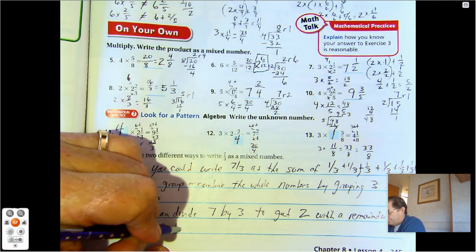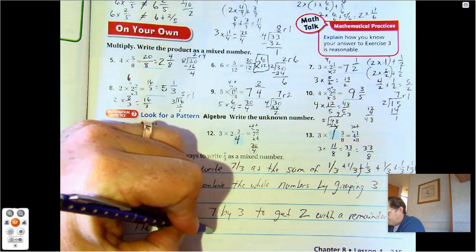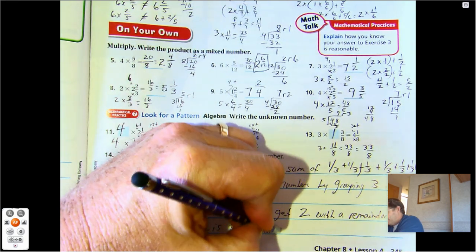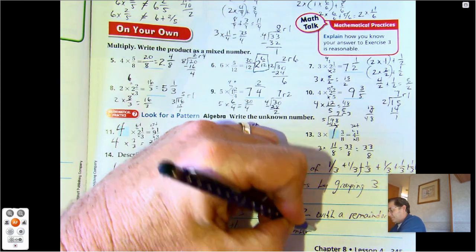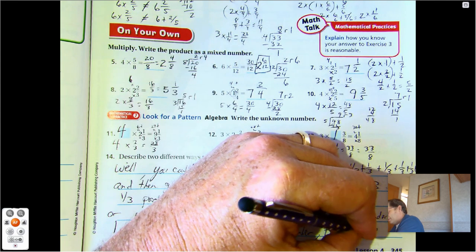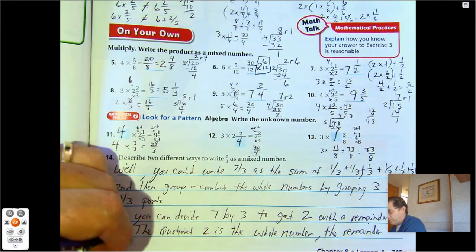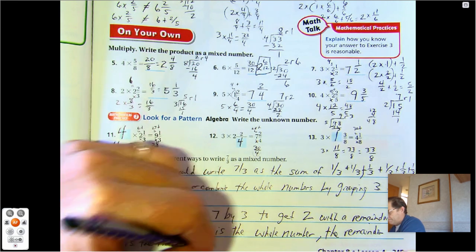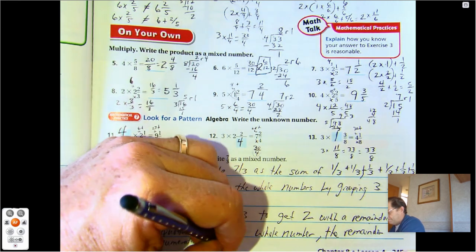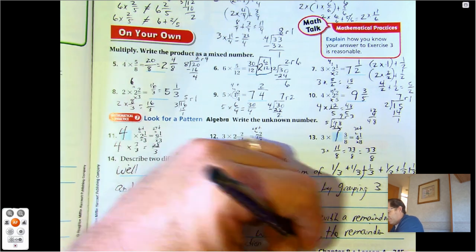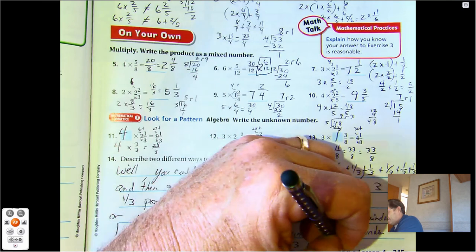Quotient 2 is the whole number. The remainder 1 is the numerator of the fraction. And 3 is the denominator.